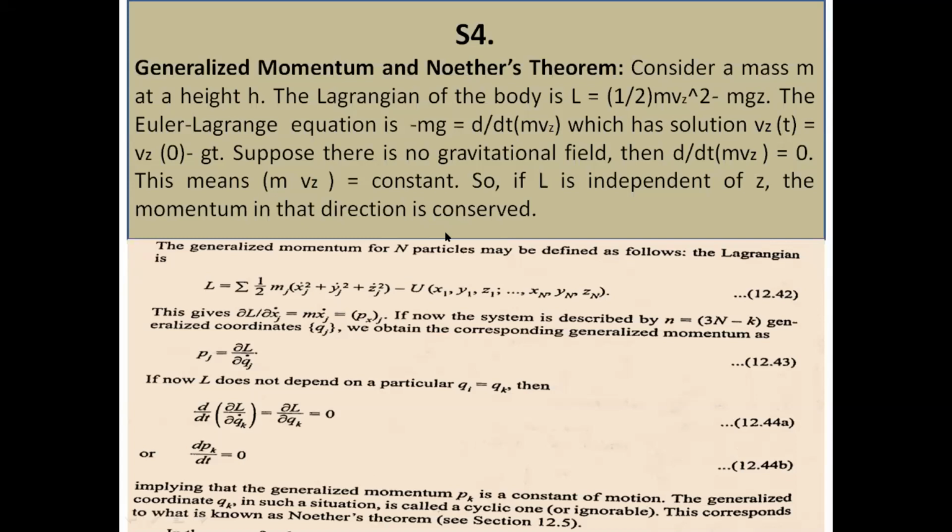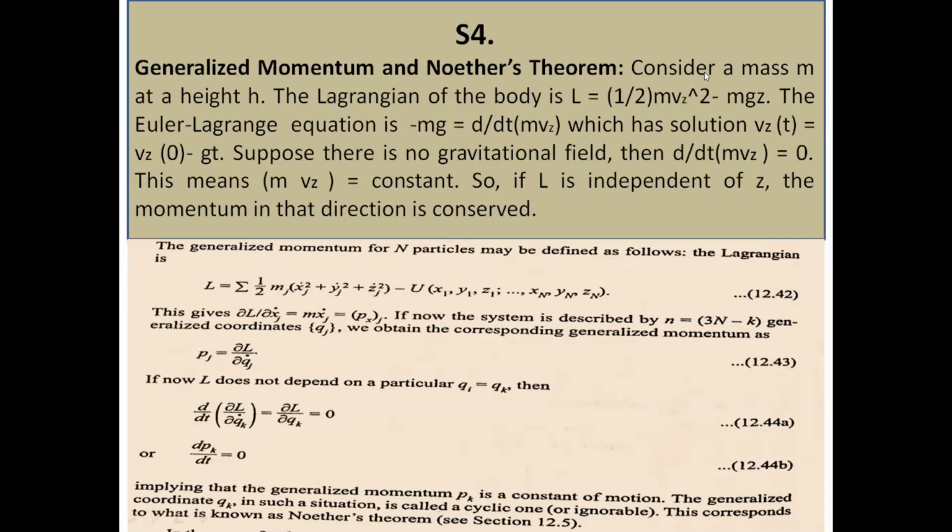With this, we come to the concept of generalized momentum. It is in the same slide. I have, let's say, n particles, and I have written down the Lagrangian for these particles.